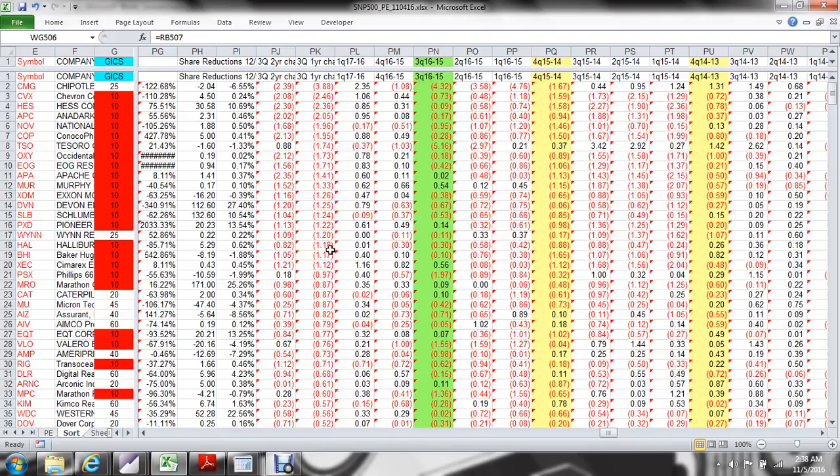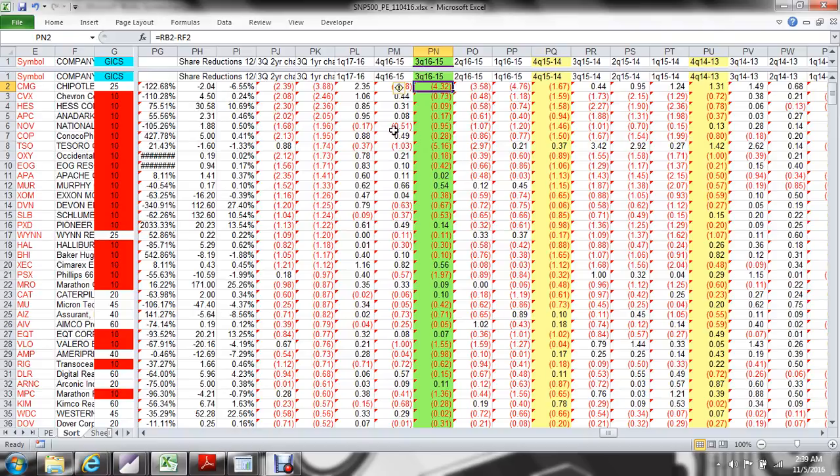Okay, now we can see here the energy sector is doing the worst, but it's not the worst. I mean, Chipotle has the worst earnings of all the companies in the S&P. The worst reduction in earnings year over year.